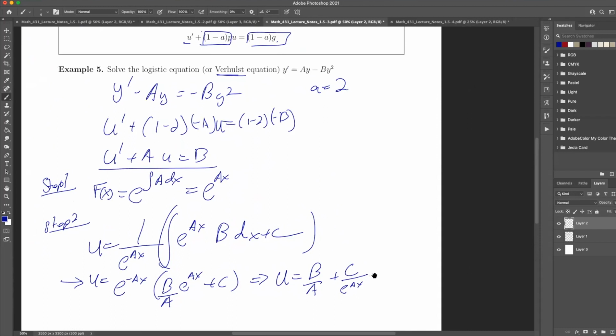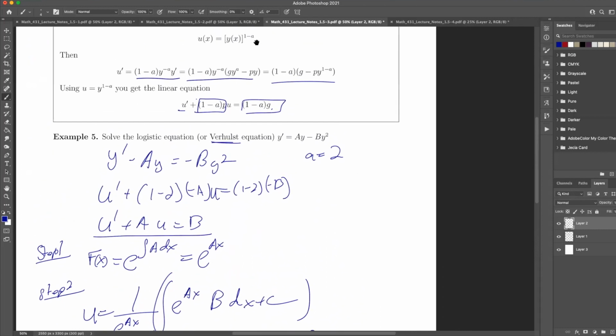Now I have to say, well, what is y? Well, remember here, u of x is equal to y of x to the 1 minus a. Well, a here was 2, and so u equals y to the negative 1 power.